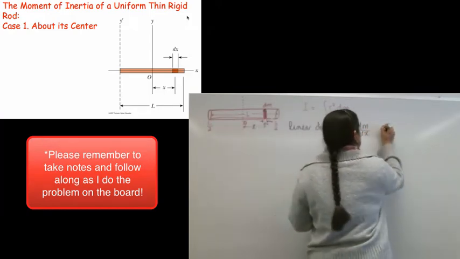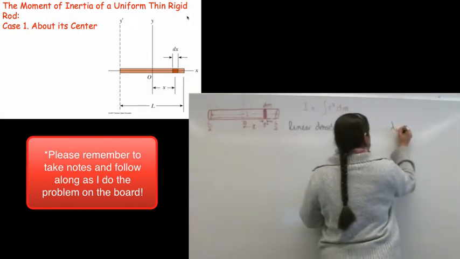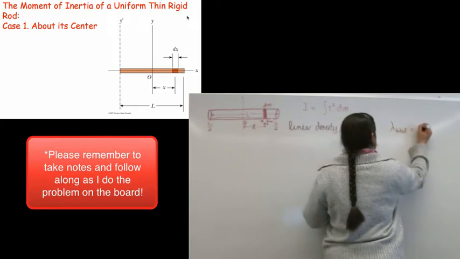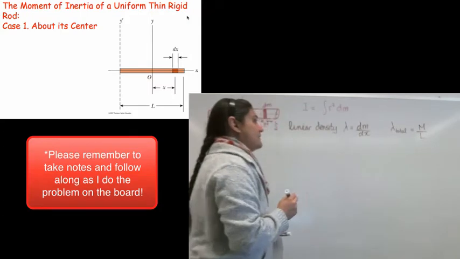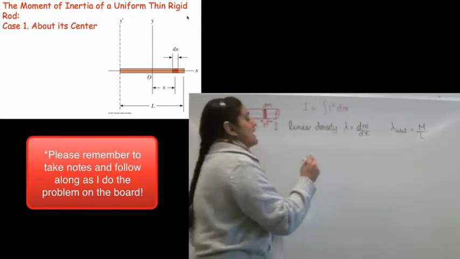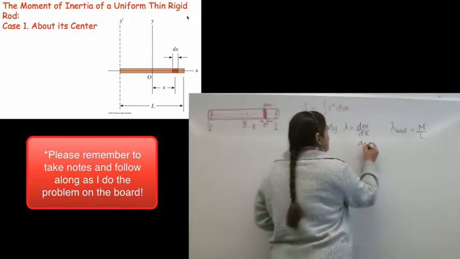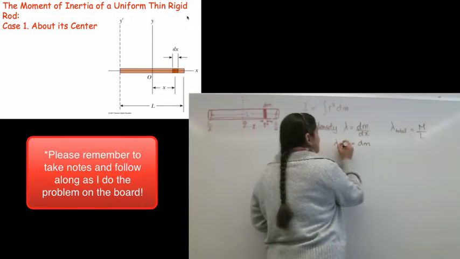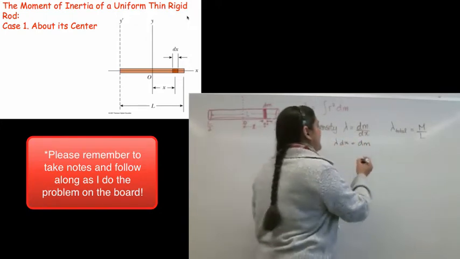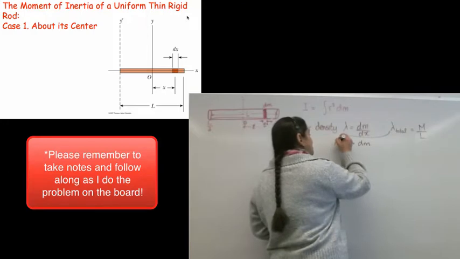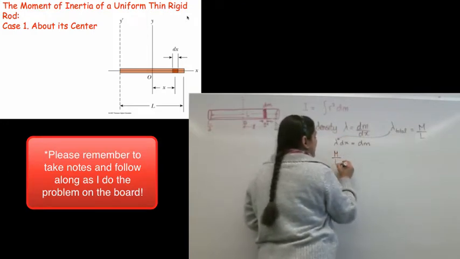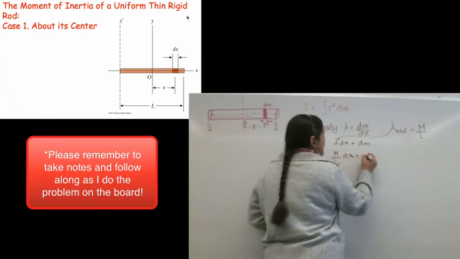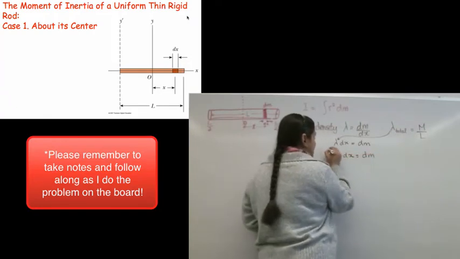And the total linear density is going to be defined as the total mass of the rod divided by the total length of the rod. This implies I can rewrite this dm as lambda dx. And if I was to take this to be the total, it is going to be M over L dx equals dm, right?